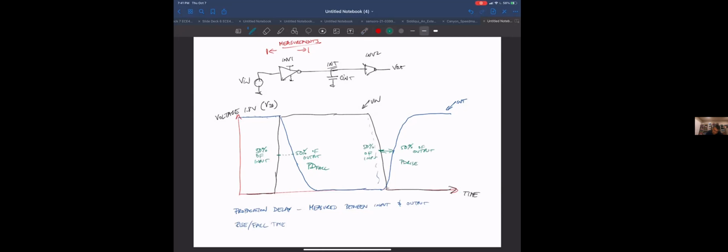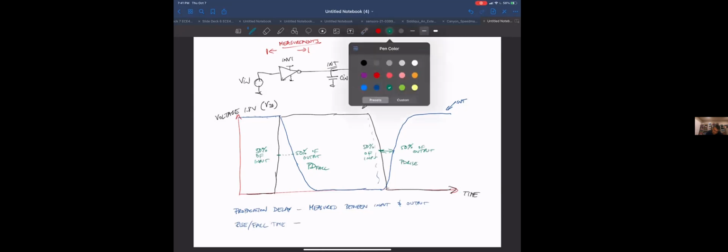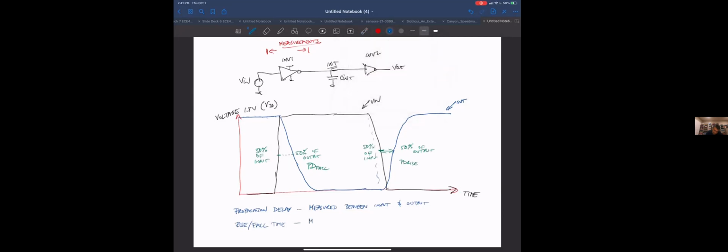Then the rise fall time is measured just at the output. So it's not the difference between the input and output, it's just at the output. Now let's look at what the fall time looks like.